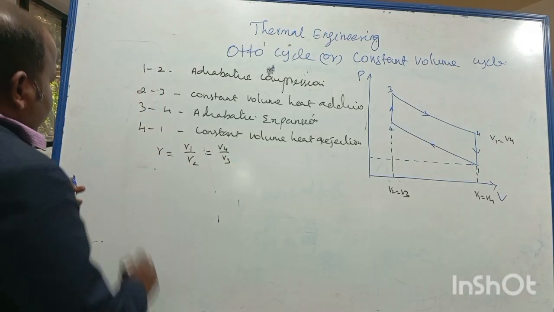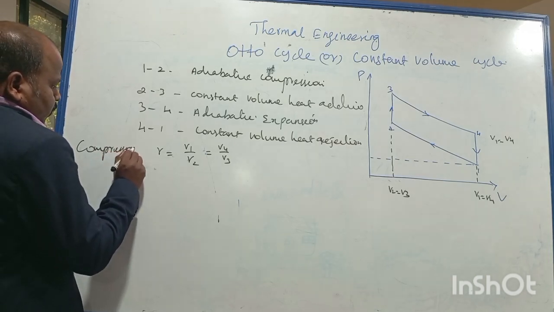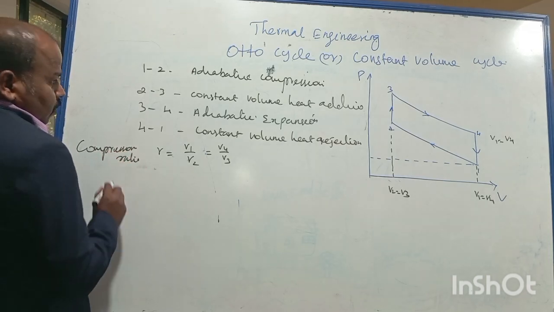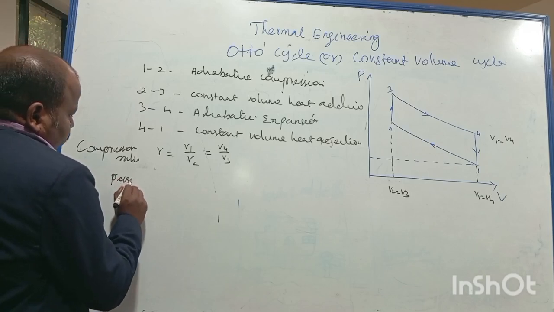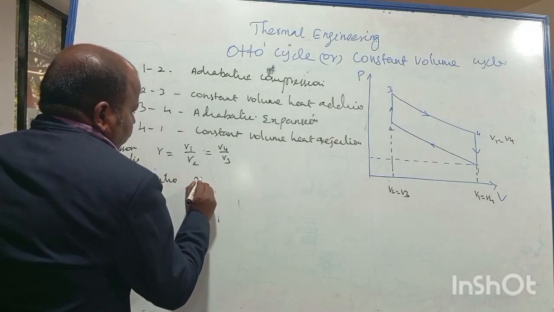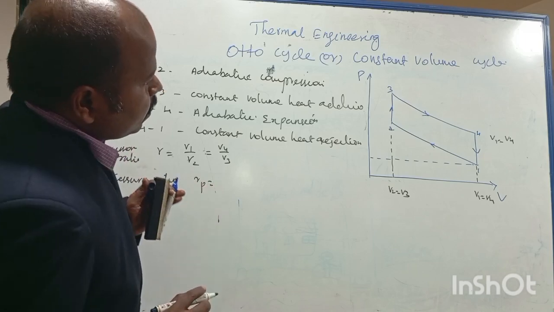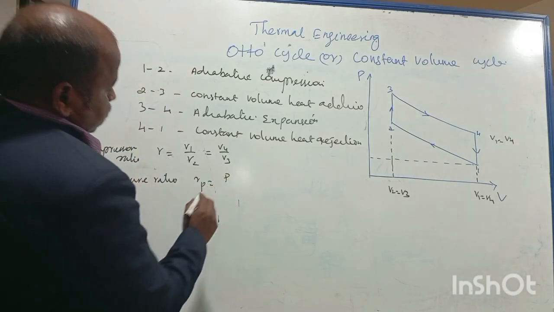Another parameter is the pressure ratio. Rp should be equal to P3 by P2, which happens during the 2 to 3 process.